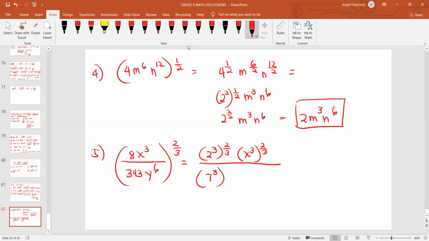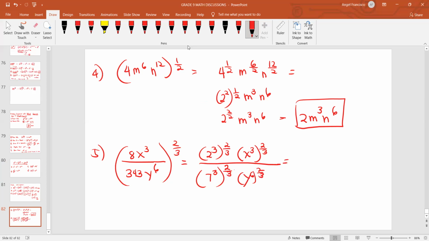Raised to the power of 2/3. Okay? Yun namang isa, y, and then ano mangyayari din? Ari ay y to the 6th power 2/3.